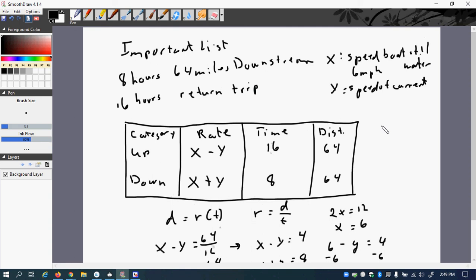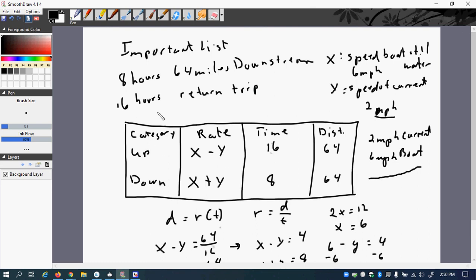So for the current, it's 2 miles per hour, and 6 miles per hour for the actual speed of the boat.